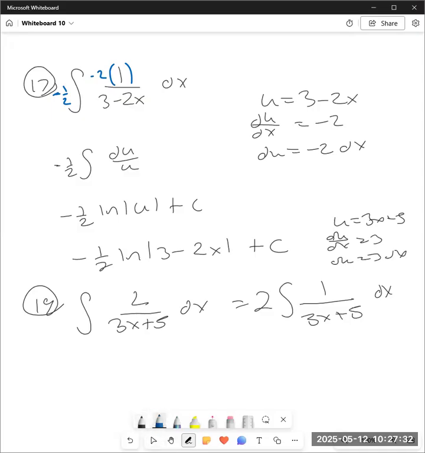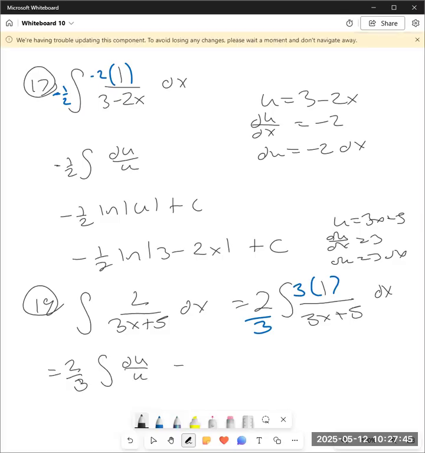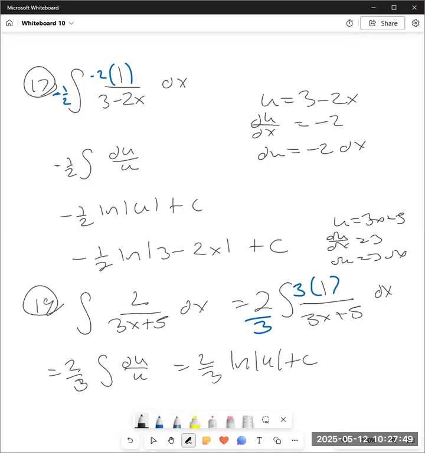Need to multiply by 3 in the top and divide by 3 on the outside. Gives me 2/3 times the integral of du over u, which is 2/3 ln of the absolute value of u plus c, which is 2/3 ln of the absolute value of 3x plus 5 plus c.